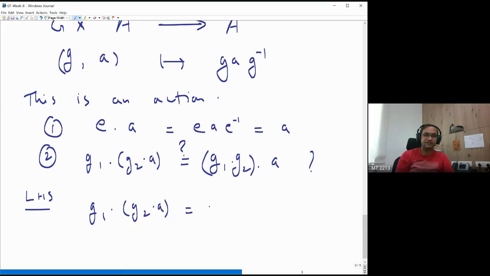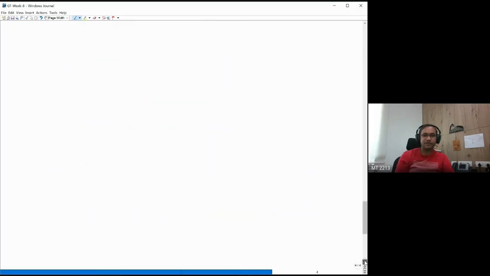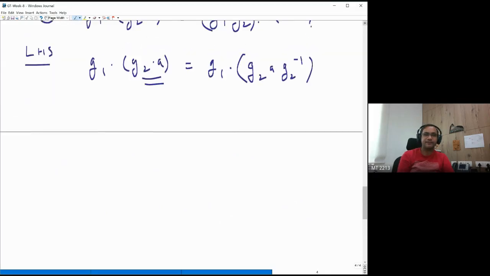By definition, g2 dot a, I will substitute this first here. So g2 a g2 inverse, which is supposed to be an element of A. So now I can make g1 act on that, and that is going to be g1 g2 a g2 inverse g1 inverse, right? This is what happens.